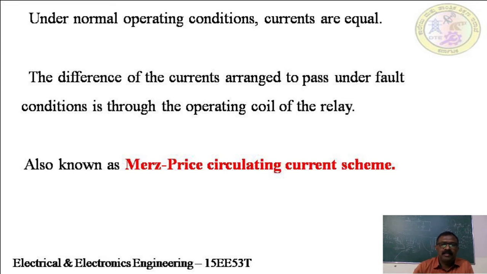So here we use Kirchhoff's current law, where KCL has to be satisfied. The difference of currents, arranged to pass under fault conditions, goes through the operating coil of the relay. This is also known as the Merz-Price circulating current scheme.